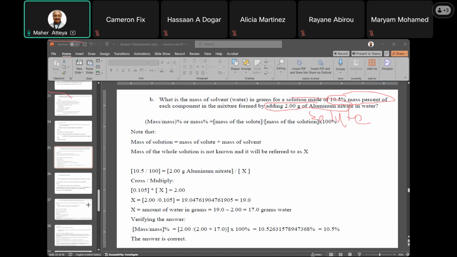So how do we do that? Well, mass percentage, or mass to mass percentage, is the mass of the solute divided by the sum of the mass of the solute plus the mass of the solvent. Here is the formula again.